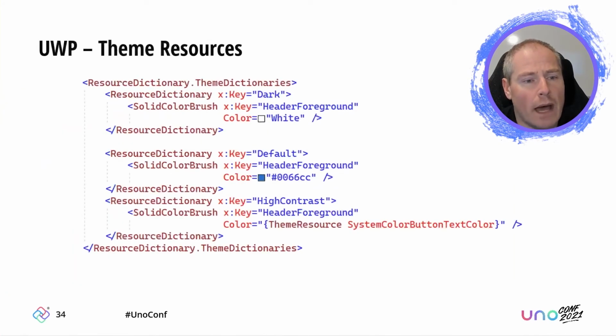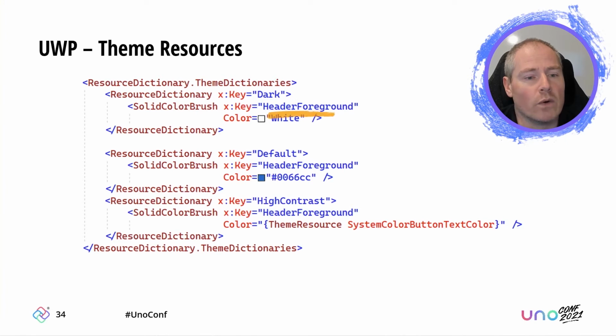So how would we go about approaching this in UWP? Well, UWP has this concept of theme dictionaries, which are a collection of resource dictionaries specific to a particular theme. In this example, we have three dictionaries for dark, default, which matches our light theme, and high contrast.